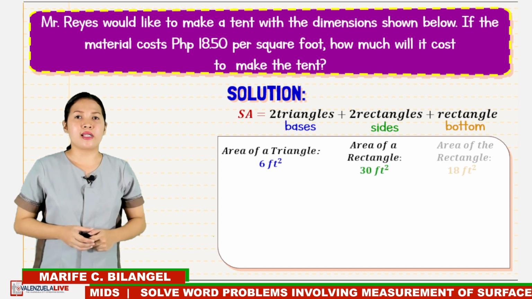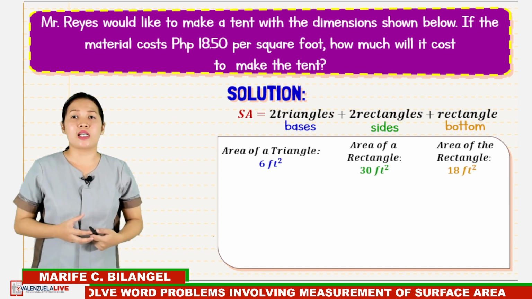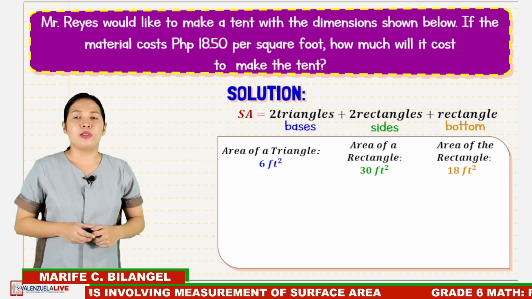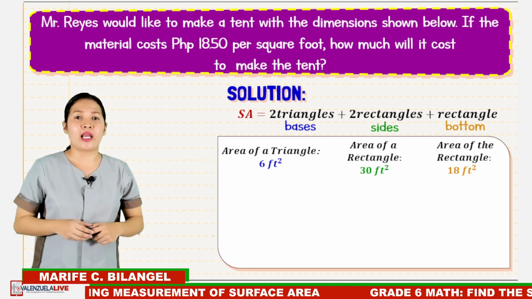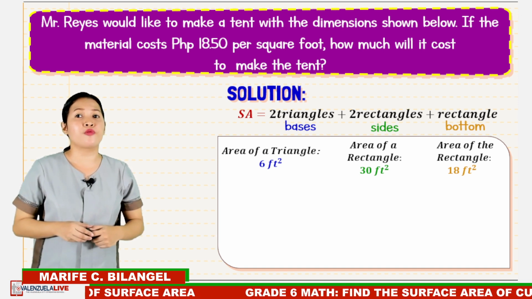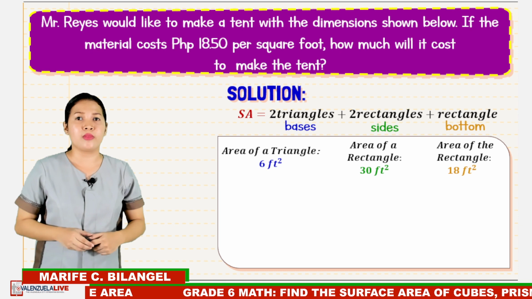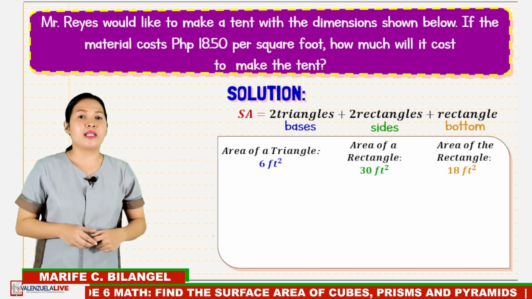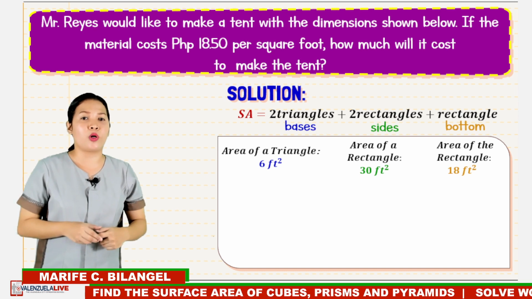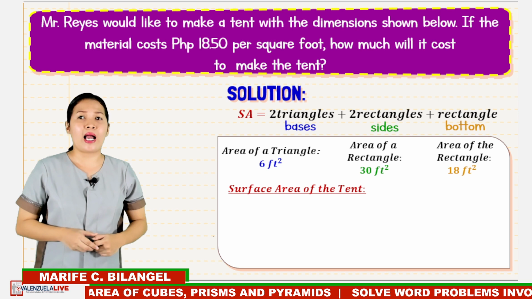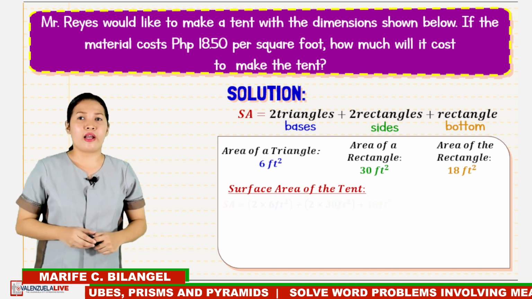Now, let us find the surface area of the triangular prism. We already know that the area of a triangle base is 6 square feet, the area of a rectangle at the side is 30 square feet, and the area of the rectangle at the bottom is 18 square feet. So let's add all the areas.